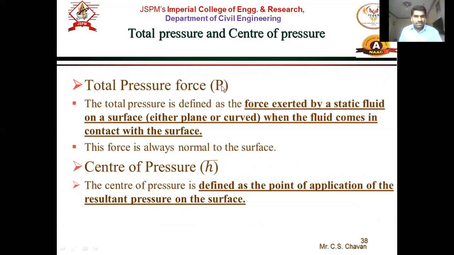It is denoted as F, or in some books you can find it denoted as P. Total pressure force is the force exerted by the static fluid on different surfaces. Overall, if you get the resultant of those forces, that is called the total pressure force.